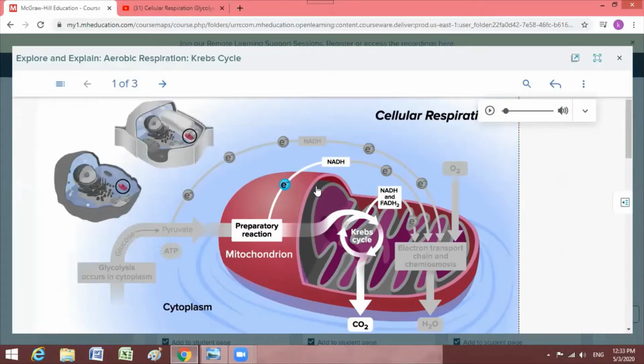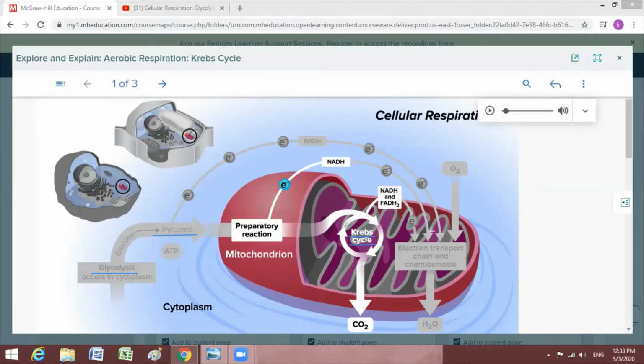As you can see here in the figure, we start with glycolysis, where glucose is broken down into pyruvate. Now pyruvate, which is a 3 carbon compound, will enter into the mitochondria, and of course the cycle that is done in aerobic respiration is first the Krebs cycle, or TCA cycle, or citric acid cycle.